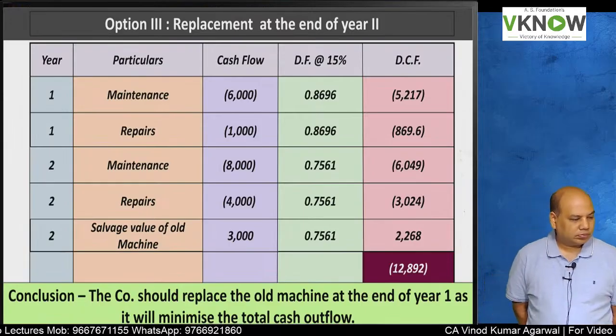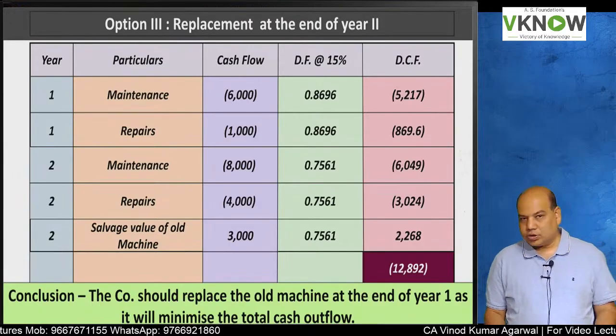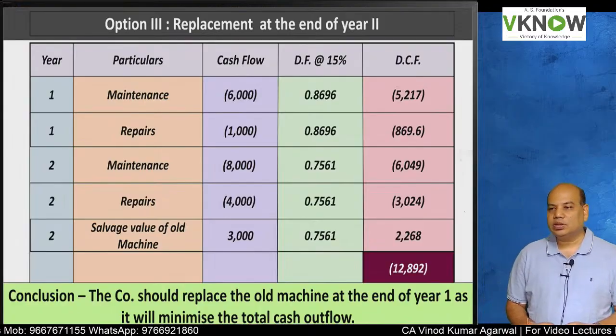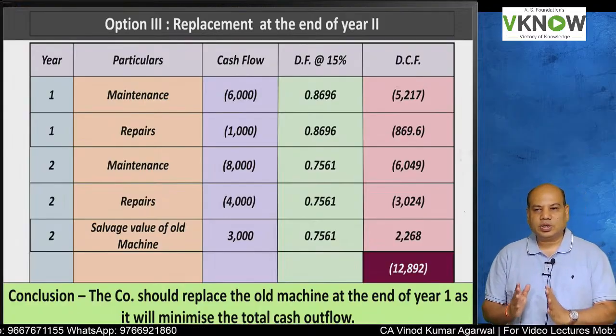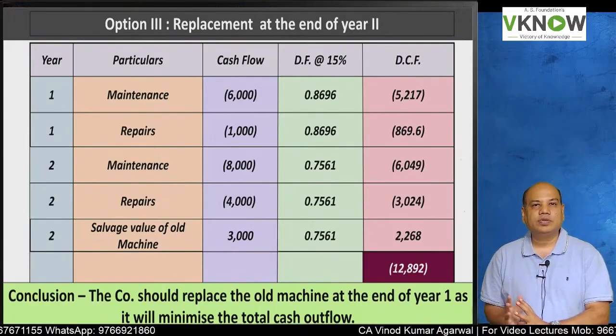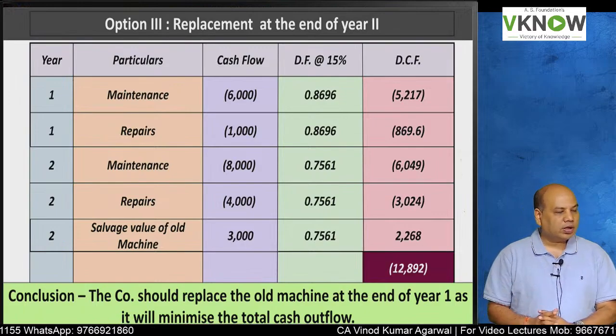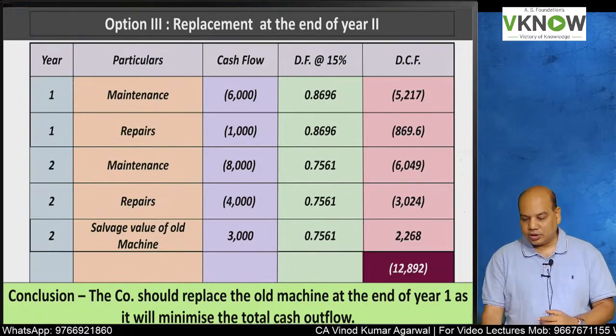Is it right? So this is method 1. In method 1 we will compare by taking equal number of years.